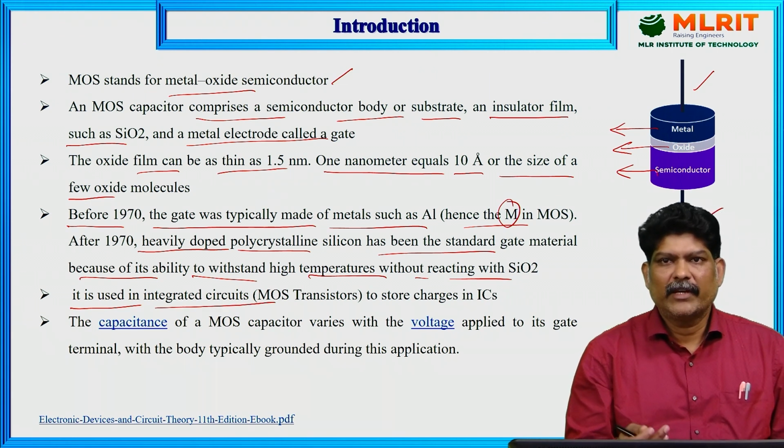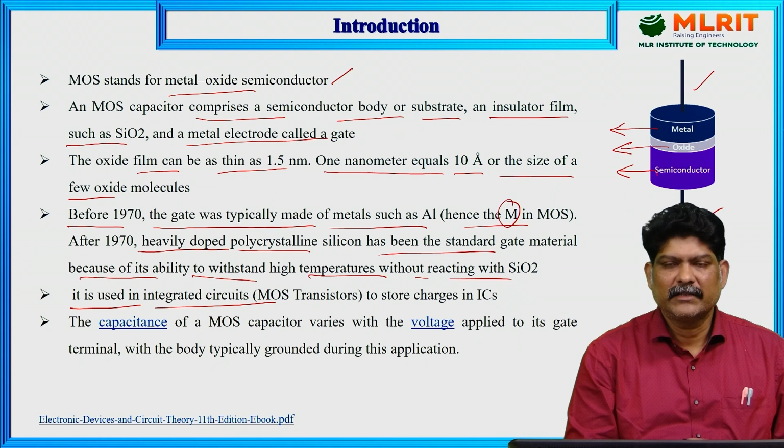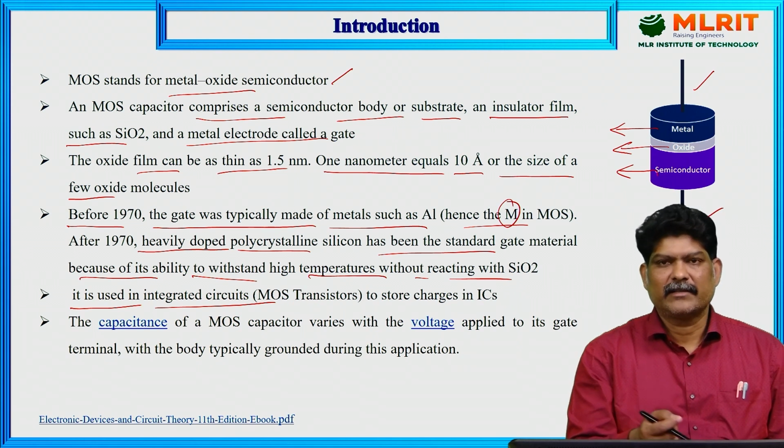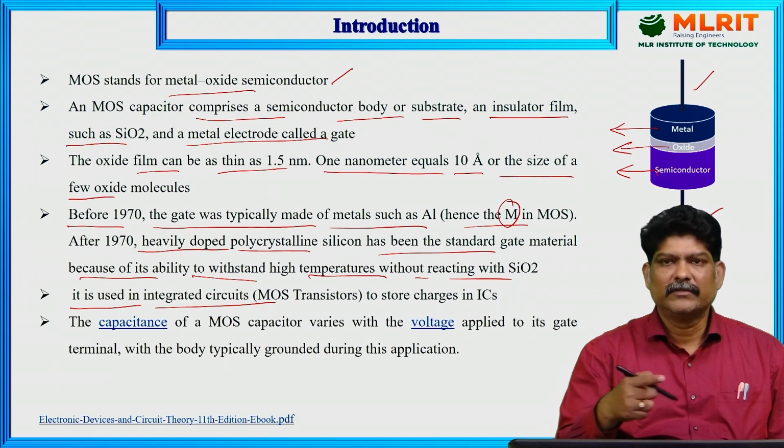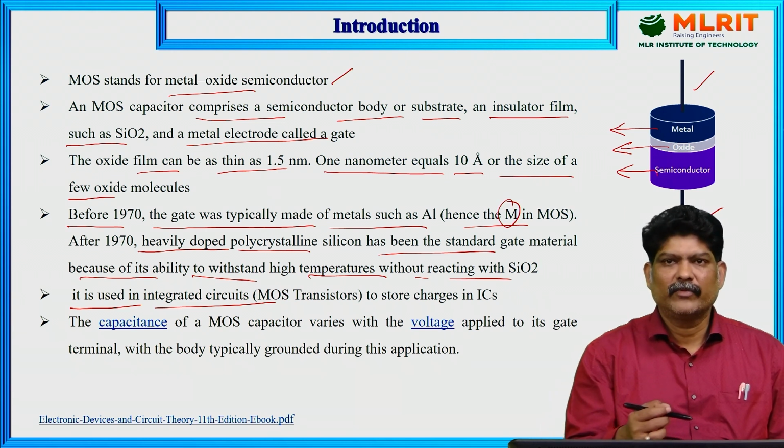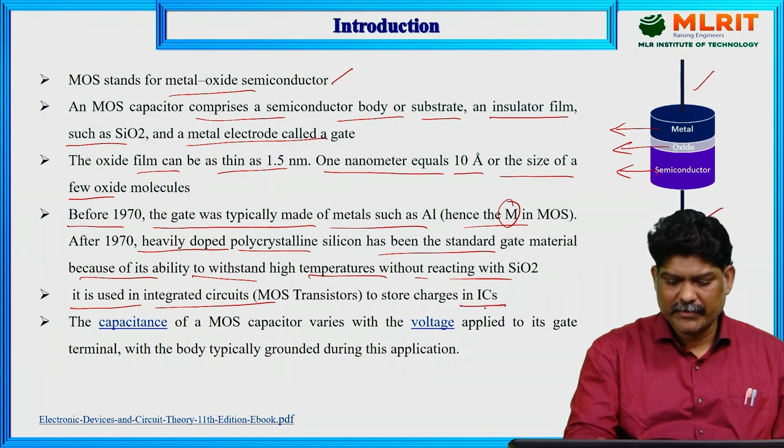So where we can use this MOS capacitor is particularly in MOS transistors. Individually it cannot be used. In the integrated circuit, in the MOS transistor, we can use this MOS capacitor, particularly to store charges in integrated circuits.